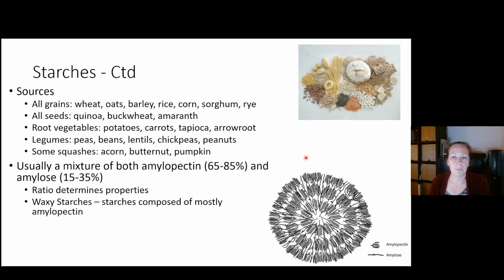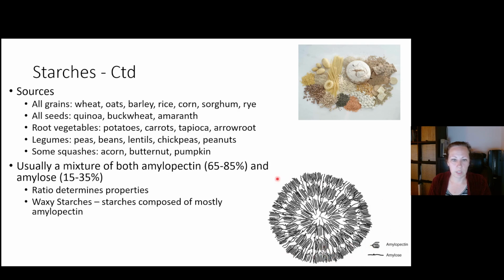There are also some sources of starch that are classified as waxy starches. They have different properties: they seem more waxy, they're shinier, etc. And these starches are going to be composed of mostly amylopectin.